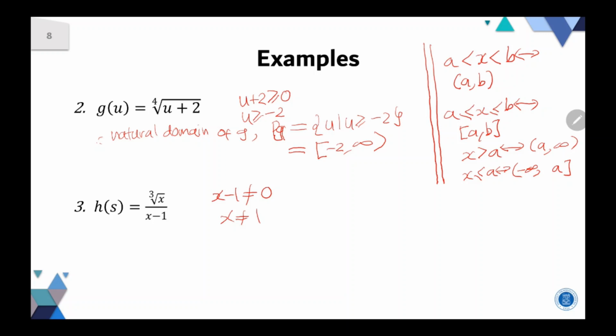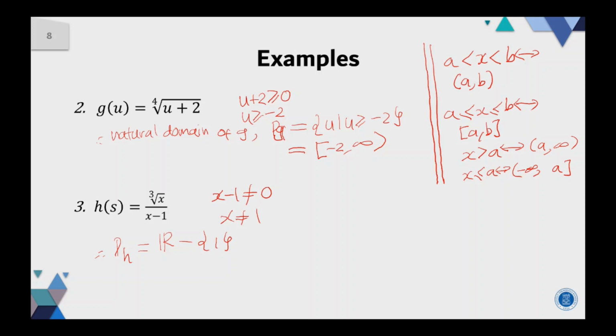This one is an odd root, so we don't have any restrictions for an odd root. So only this one: x is not equal to 1. So the domain of h is equal to all the real numbers minus the number 1. Okay, so that's the natural domain of a function.